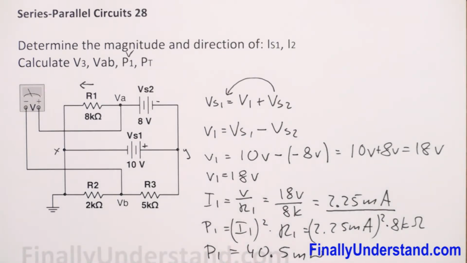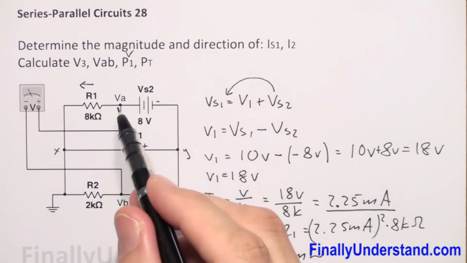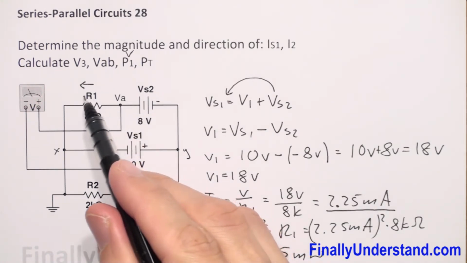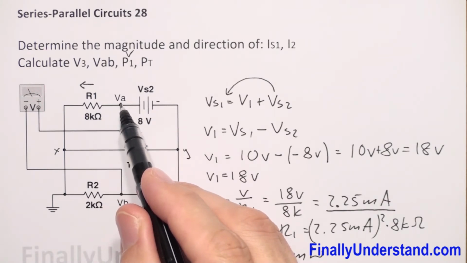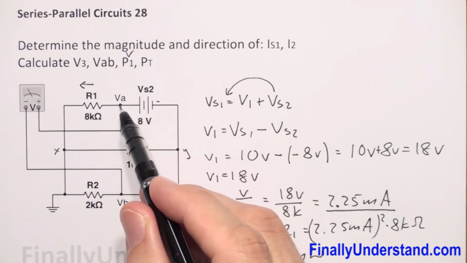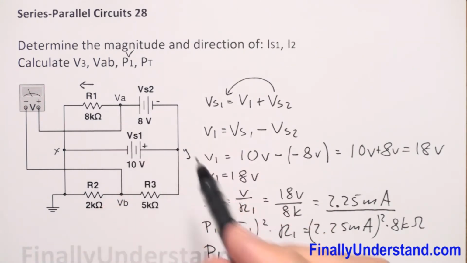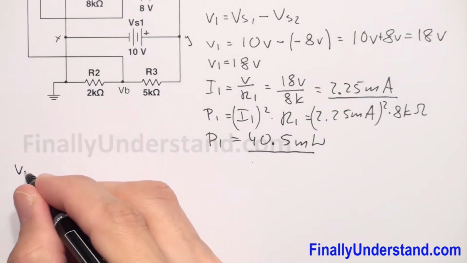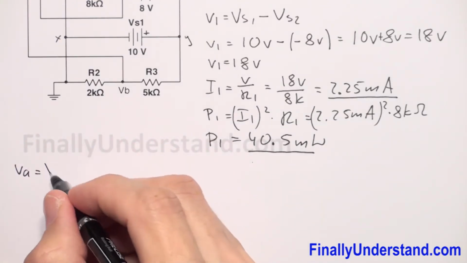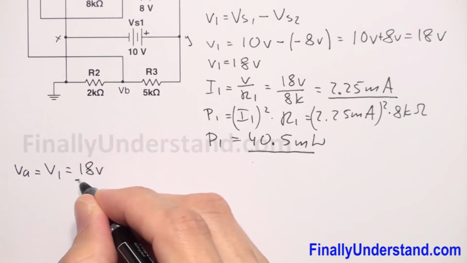Next, we can say also that we found VA, because VA is the voltage across resistor R1. VA is simply the voltage from this point to ground. So this is the voltage across resistor R1, and I can say VA is equal to V1, and we found that this is equal to 18 volts.